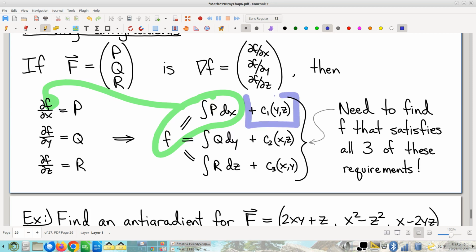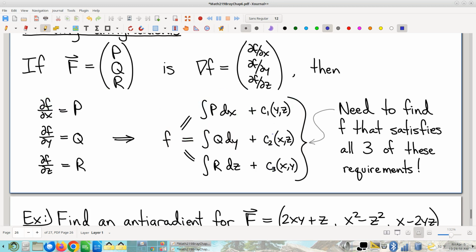And the thing about it is, any function that doesn't have any x's in its formula, its x partial is going to be 0. So any function of only y and z is going to have x partial 0. So you can add not just a constant, but you can add any function of the other two variables, and then of course likewise for these other equations down here.